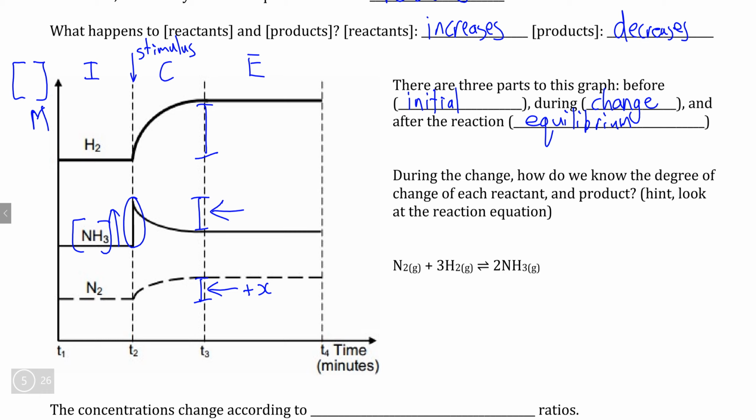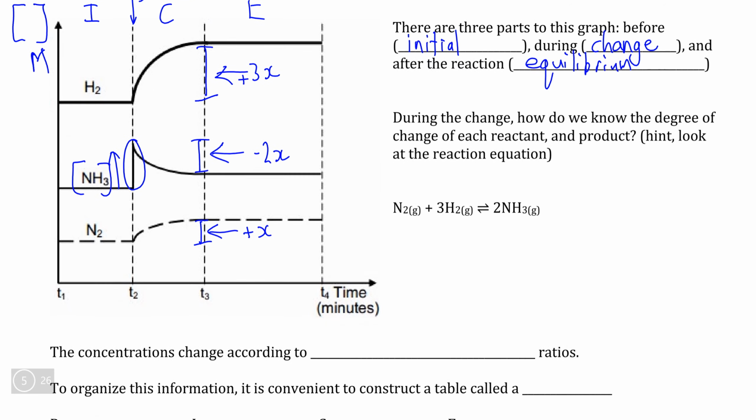So we can designate this as being a change of a decrease of 2x. Likewise, with hydrogen, we see that it is significantly greater than the magnitude of change for nitrogen, and if we eyeball it, we see that this magnitude here is approximately triple the value of the magnitude of change of nitrogen, which is why we can represent this change as being a gain of 3x.